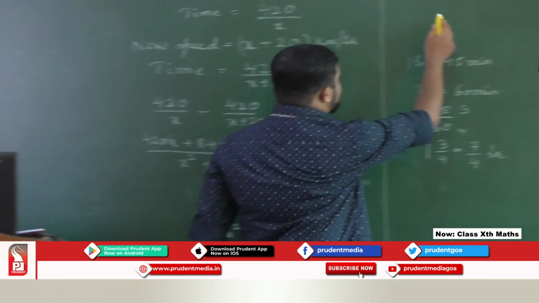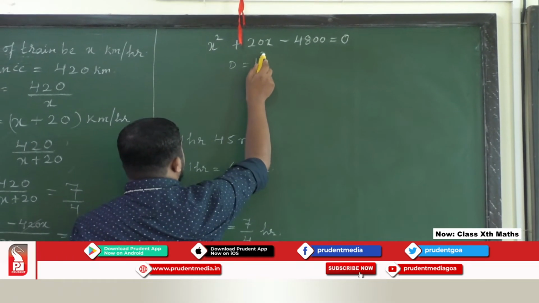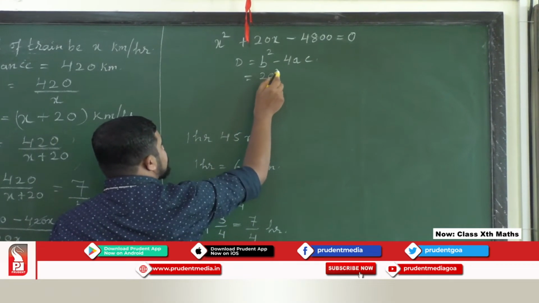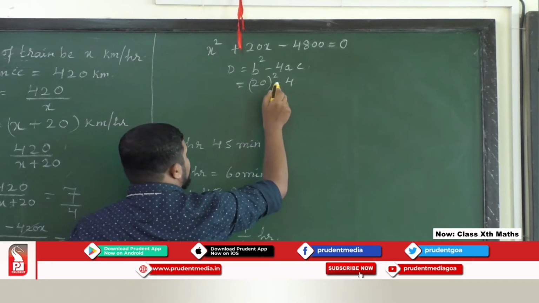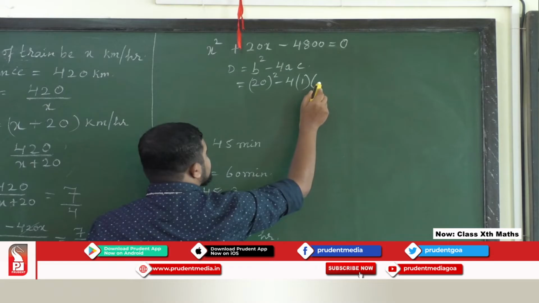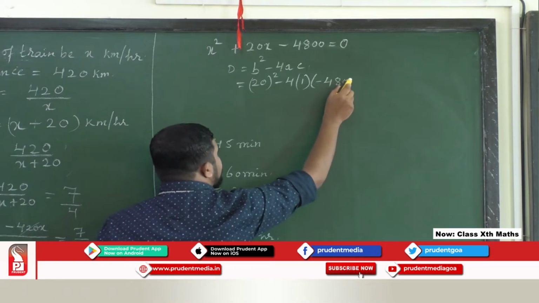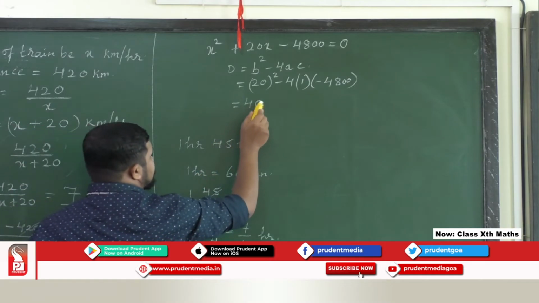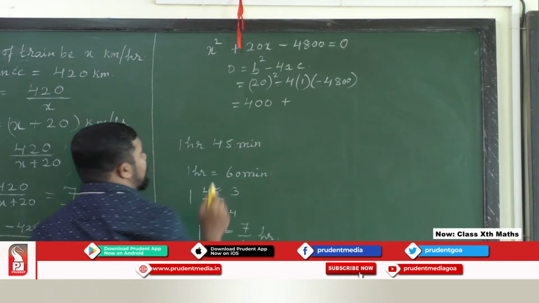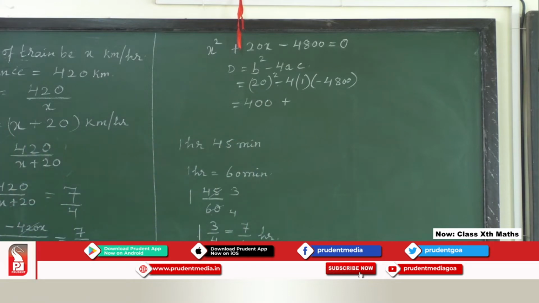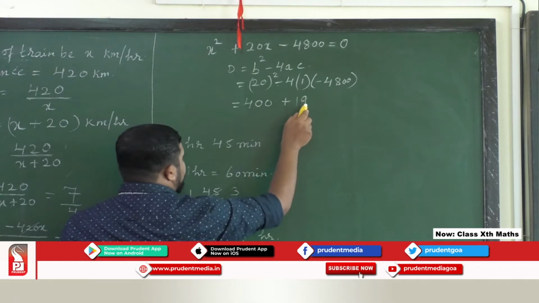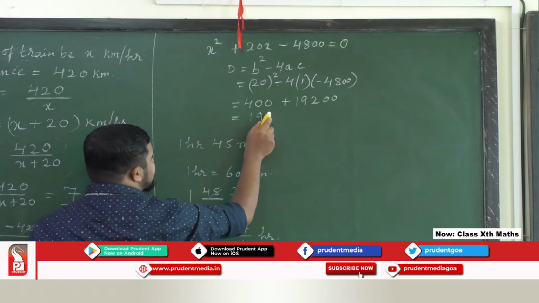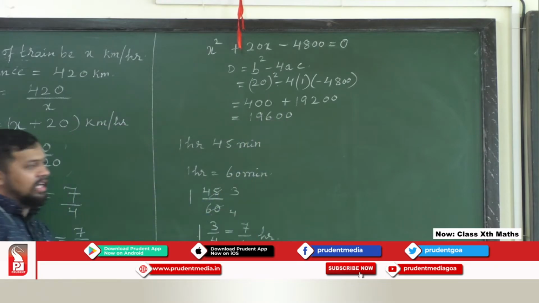So D is equal to b square minus 4ac, b is 20, a is 1, so 20 square, that is 400, minus into minus plus 48 multiplied by 4, so that will give you 192 and 2 zeros, add this now it will become 19600. So you got your D.